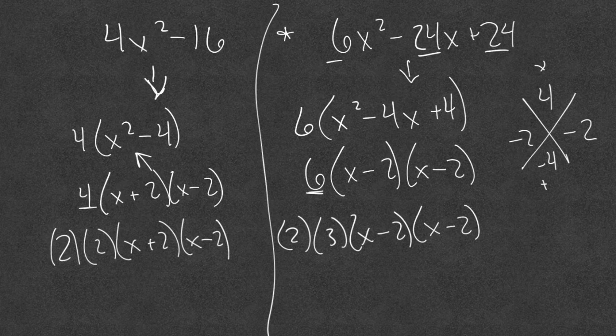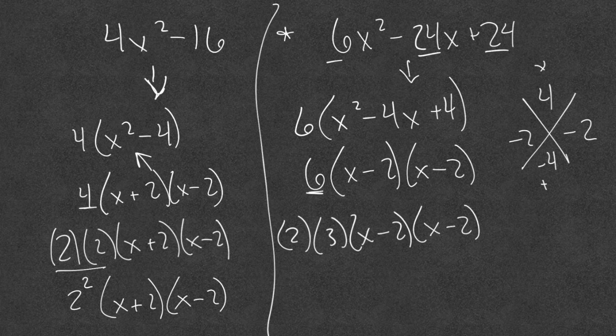What I mean by that is that this side has 2 squared, an x plus 2, and an x minus 2. And this side has a 2, a 3, and this is actually (x minus 2) squared.